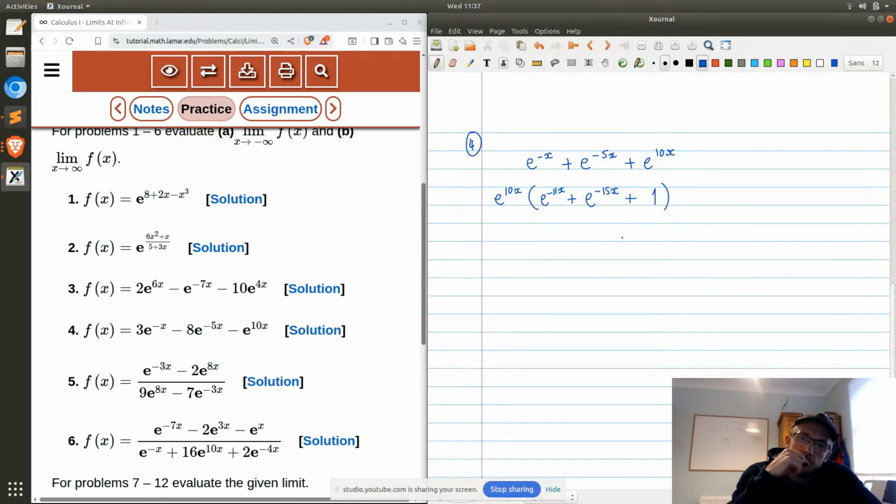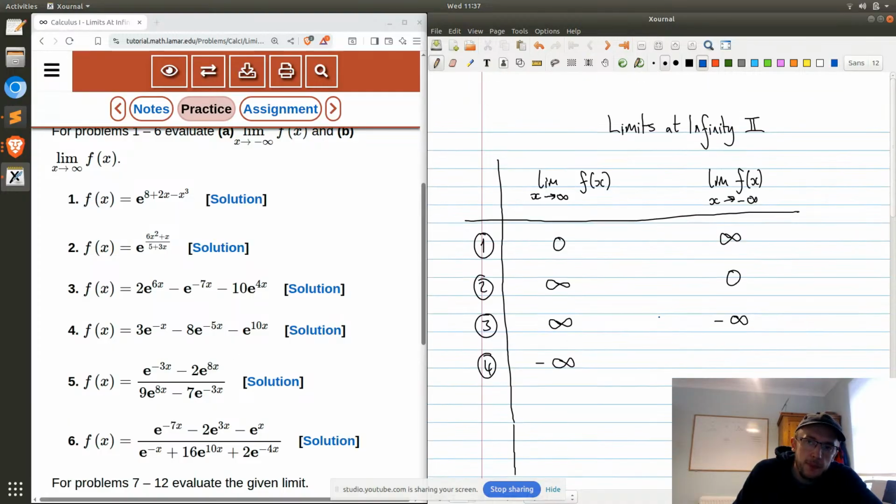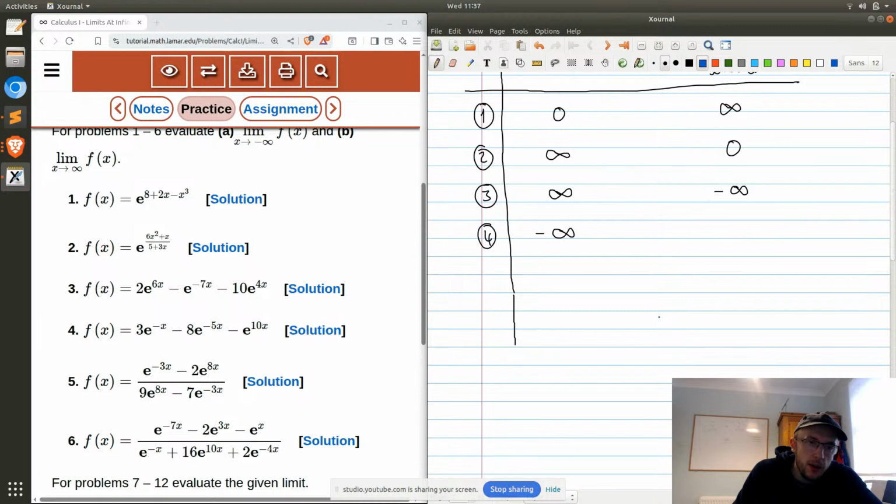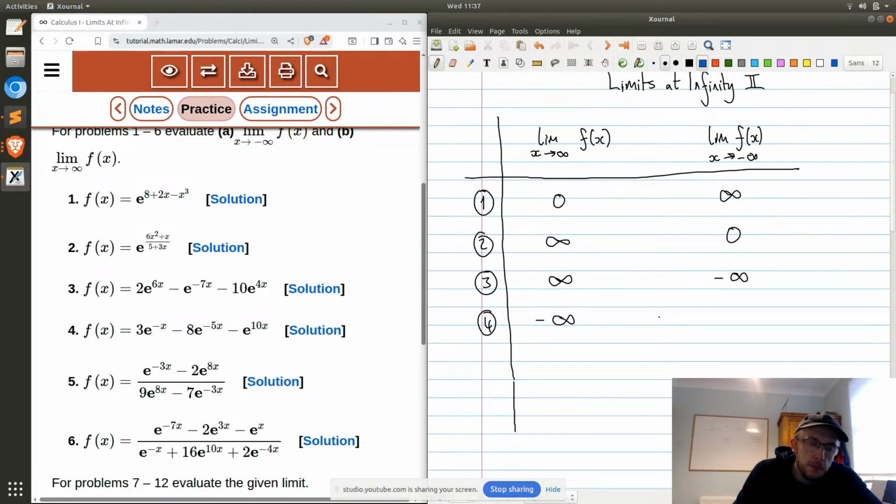Oh, darn it, this doesn't work. Well, all right, look. That goes to 0. No. E to the minus infinity, that goes to 0.